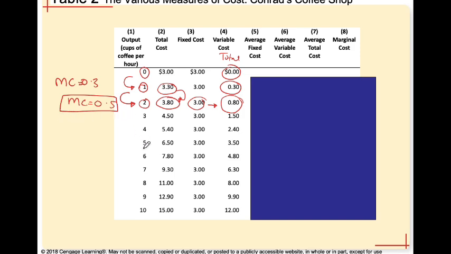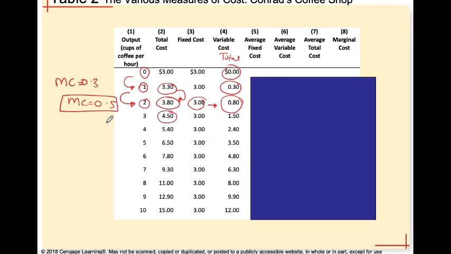Similarly, when you're producing two cups of coffee and you think, should I be producing the third one or not? Cost increases from 3.80 to 4.50.